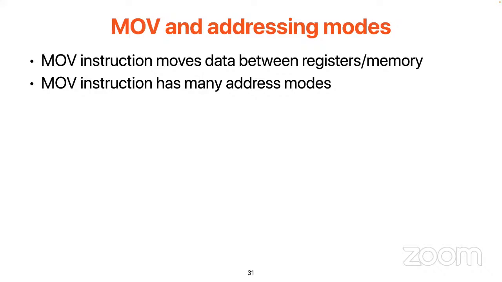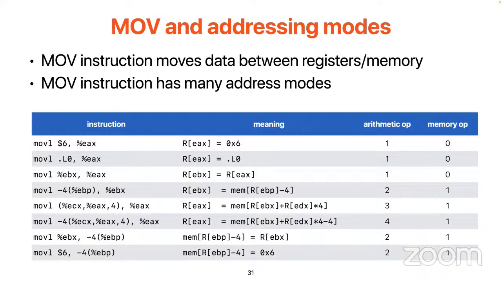And x86 is pretty much like that. For example, the move instruction is the instruction of moving data between different locations. And it turns out that the move instruction itself has eight different syntaxes. In the first syntax, you can move a constant value into a register.